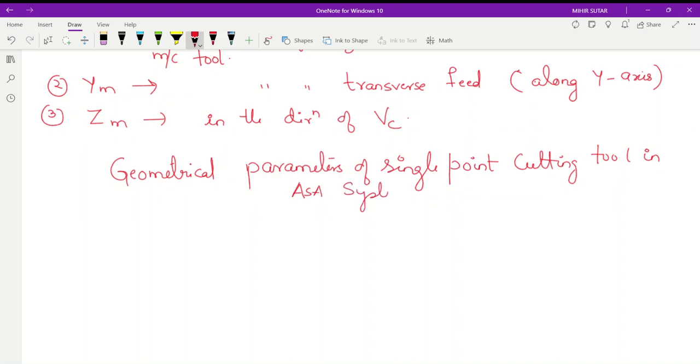In the ASA system, we have to remember this sequence of nomenclature.